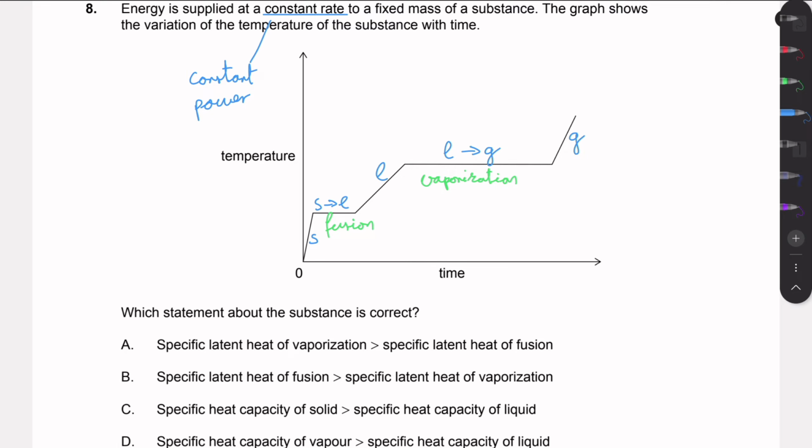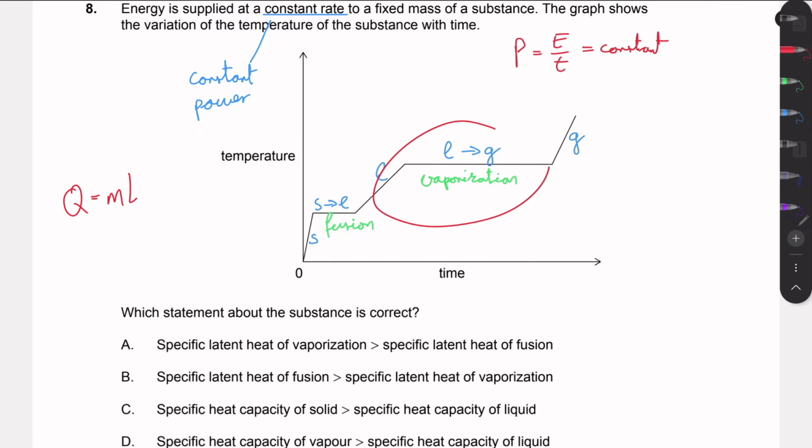So the first statement says that the specific latent heat of vaporization is larger than the specific latent heat of fusion. Well, we know that we can use this equation, Q is equal to M times L. So this is the energy needed to change the phase of some mass M of substance. And we also know that power is just energy over time. And the power is constant.